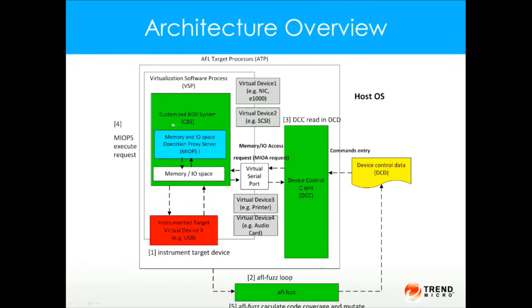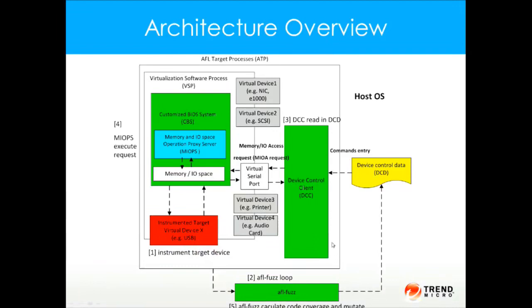It contains the customized BIOS system, we call it CBS, and also the memory and I/O space operation proxy server, we call it MIOPS. The VSP contains several virtual devices such as network, SATA, and so forth. And the virtual serial port is here.